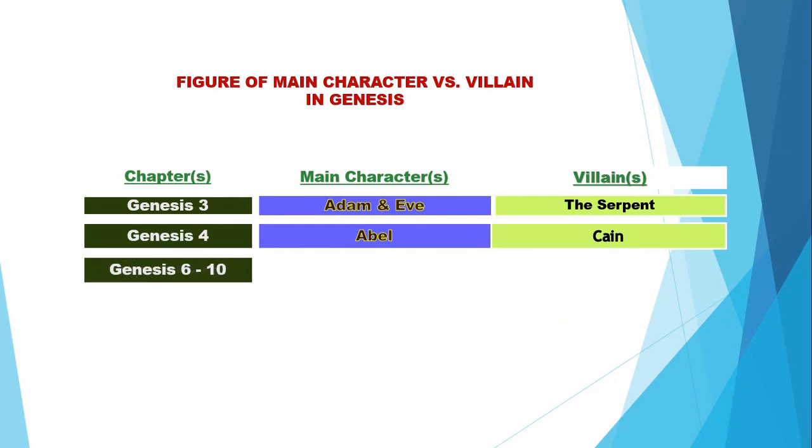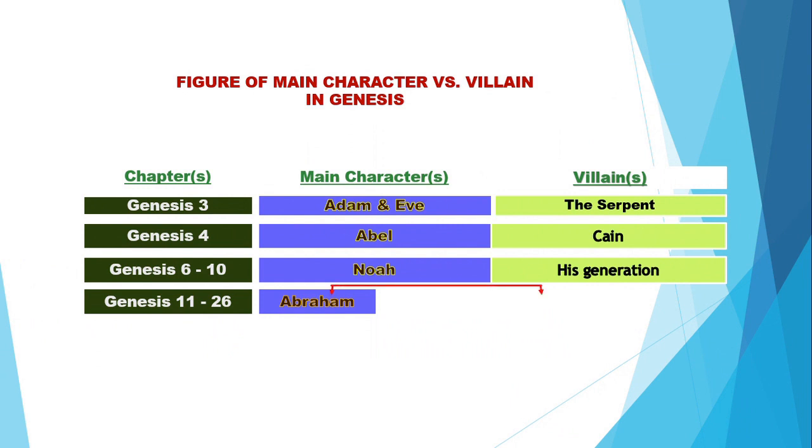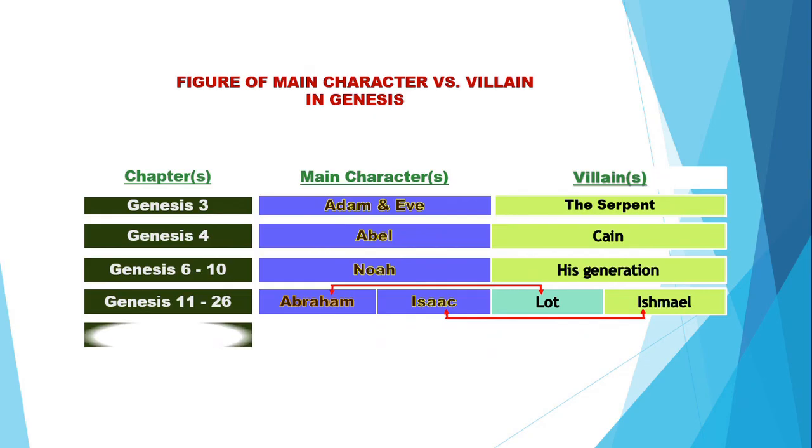Genesis chapter 6 to 10, we have our main character there being Noah and the villains being his generation. We have Genesis chapter 11 to 26, and the first main character being Abraham and the villain being Lot. And then the second main character in these chapters is Isaac, and the villain being his half-brother Ishmael.